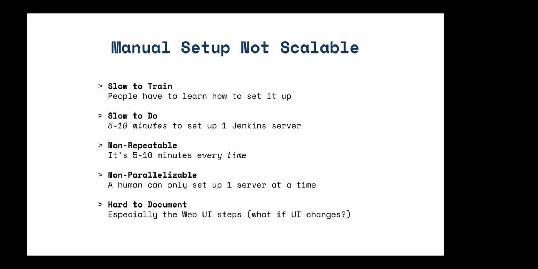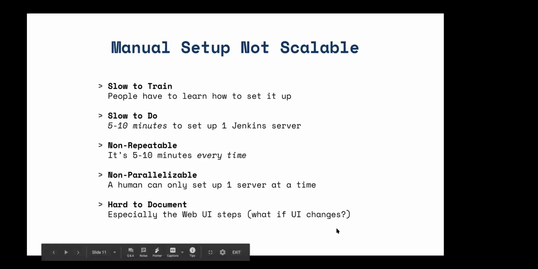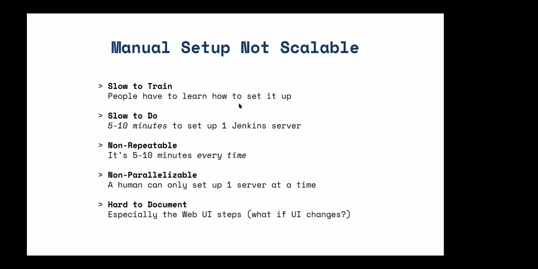So if you have to document how to set up Jenkins for your company and you're doing it manually, you have to say, click add new item, put this in as the name, scroll down to this section, click on this drop box, and then select this option, and then copy this script from our repository and paste it into this box and press save. So if you are doing things manually, it's very hard to document.